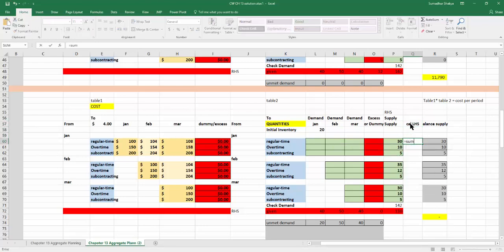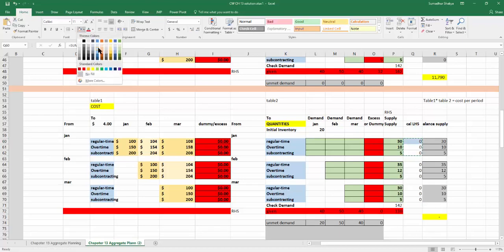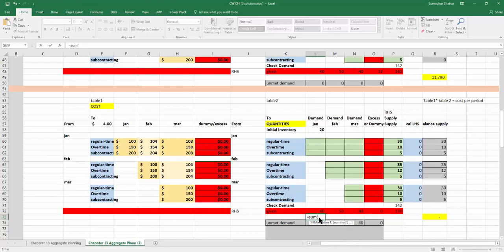In this case that would be the sum of everything that I've used so far. I'm going to color this, let's say, blue. So the blues are the calculated left hand side. Similarly here I'm going to calculate the sum of everything on the top.